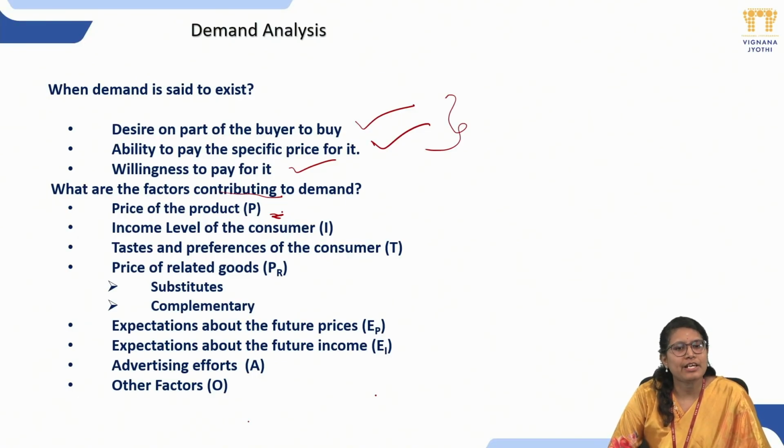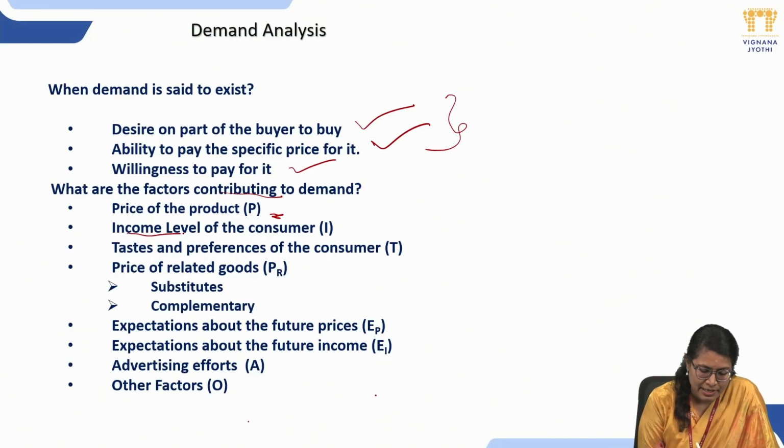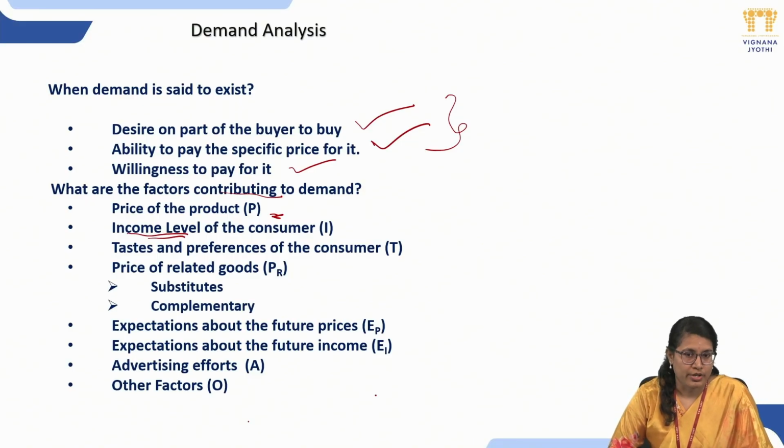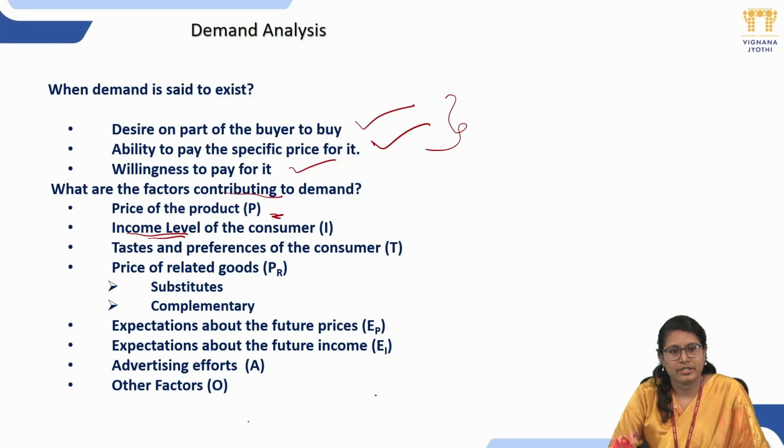If we do not have the ability, then automatically we are not going to buy. So the second driving force in creating demand for a product is the income level. Based on income, we decide which product has to be purchased and which product is not. And then the tastes and preferences.